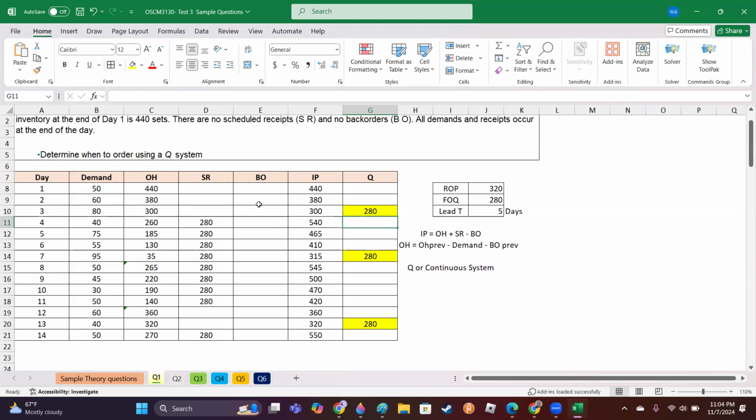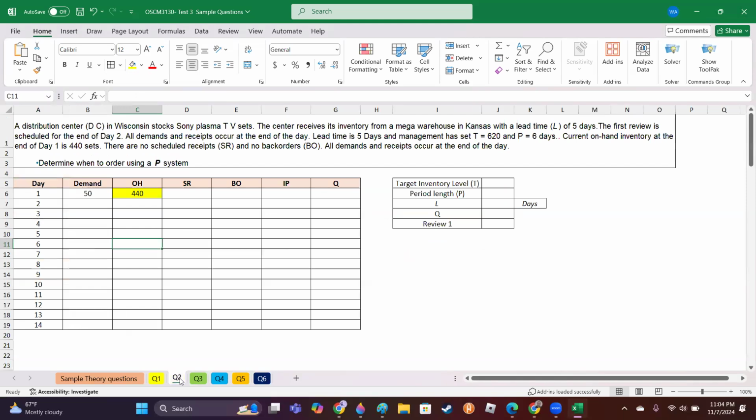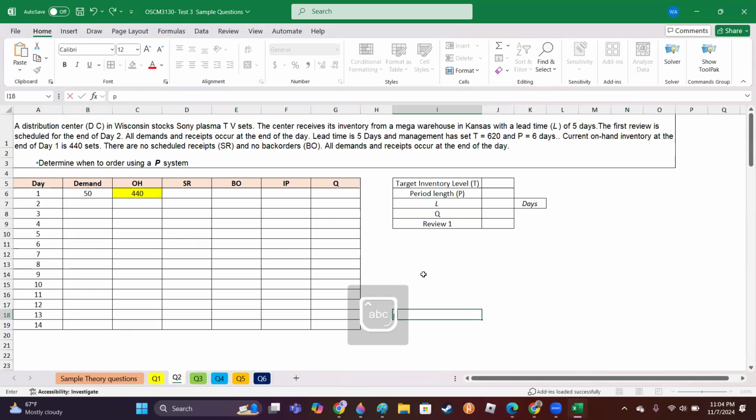Okay. Now, question 2 asks you to repeat the same, but in this case here, we're going to look at the P system. And P here stands for periodic review system. Okay.